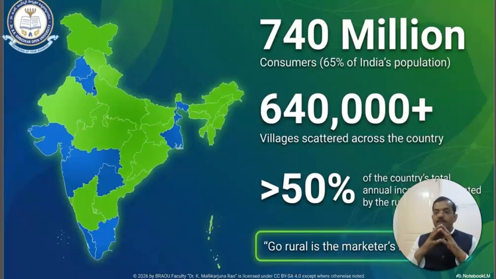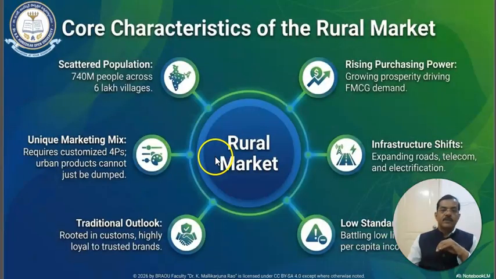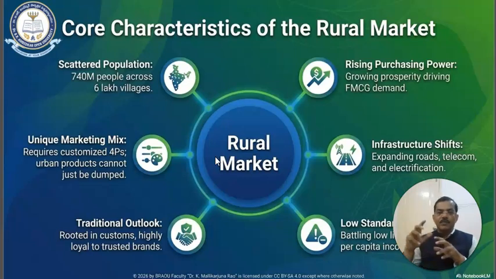More than 50% of the total annual income is generated by the rural economy. So the new slogan for companies is go rural in the markets, a new slogan for now, friends.